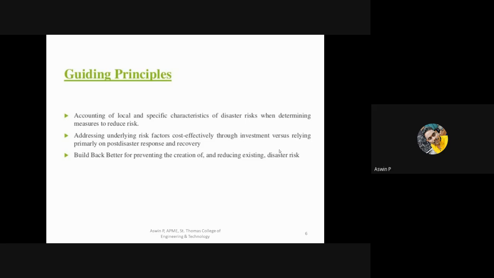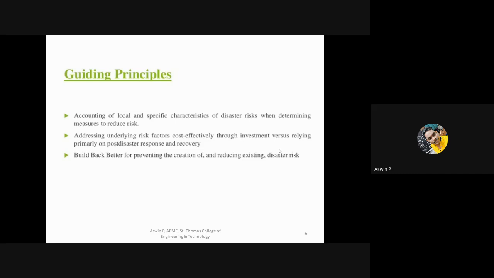In a disaster situation we have to take a definite number of measures to reduce the impact of risk or reduce the disaster risk. For that, we need to have local and specific characteristics. This is the ninth point.